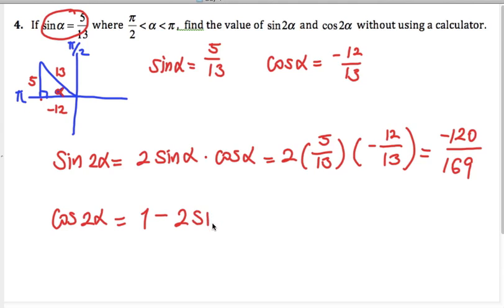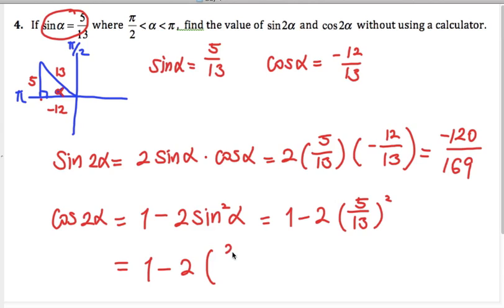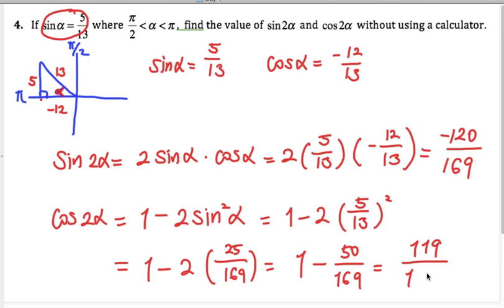So 1 minus 2 sine squared alpha, which is 1 minus 2 times 5 over 13 squared, equal to 1 minus 2 times 25 over 169. That's 1 minus 50 over 169, so that's going to be 119 over 169. That's cosine of 2 alpha.